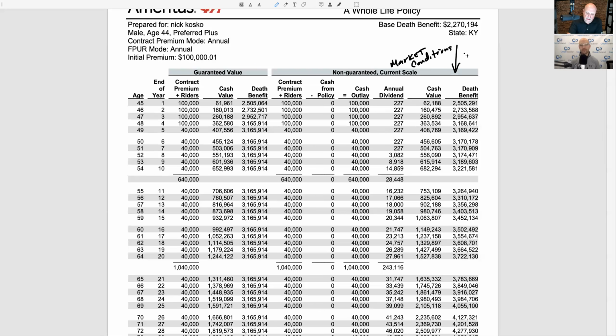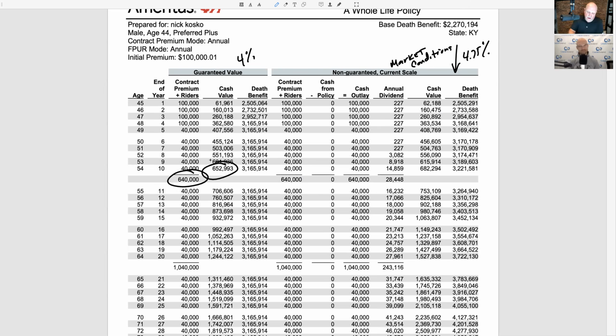And this dividend is only at 4.75. The guarantee is at 4. Now, here's the cool thing. After 10 years, I put in 640. I have 652,000. What investment do you have in your life where you are guaranteed to have more money after 10 years than you have put in it? I don't know of one.